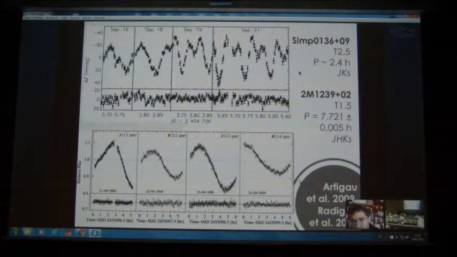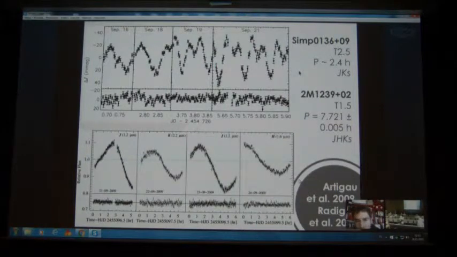Fortunately, some friends of mine in Montreal, in Quebec, Canada, they found the real, completely sure variability in L-dwarfs. They were Etienne Artigau in 2009, and especially Jacqueline Radigan in 2012. Artigau at the top, Radigan at the bottom.